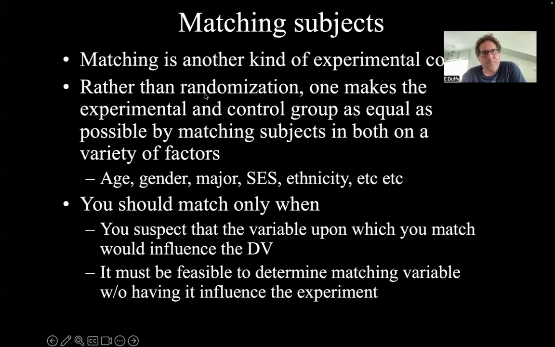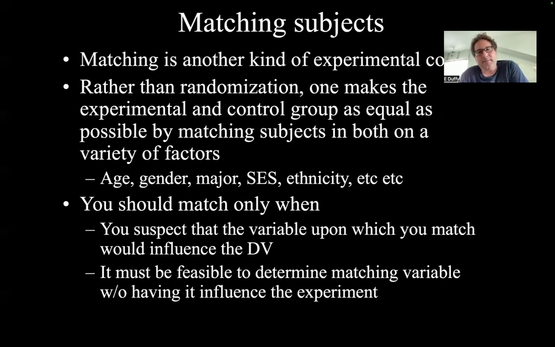Okay, so matching is another kind of experimental control. So rather than randomization, what you do is you make the control and experimental group as equal as possible by matching subjects on a variety of factors. So you could make sure that your control and your experimental group have the same age composition, the same gender, the same major, socioeconomic status, ethnicity, whatever it is.